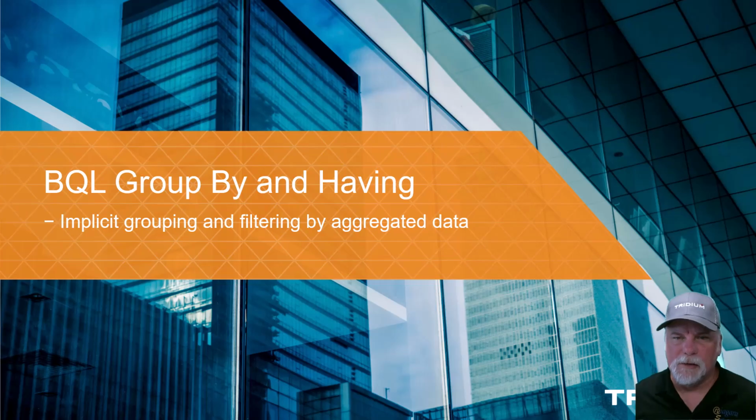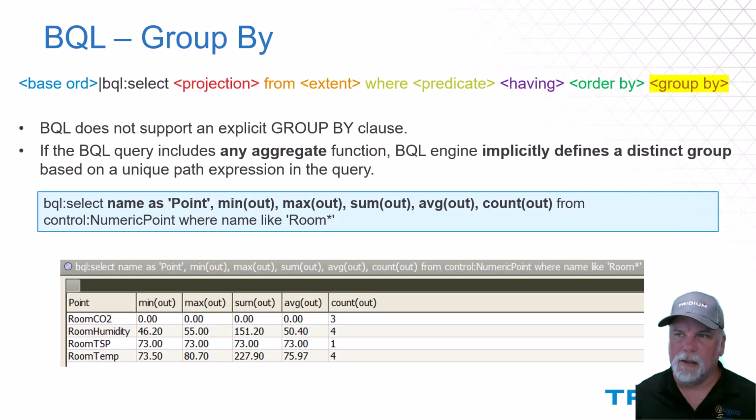Right. I'm going to talk also about the group by and having clause, and talk about how those are supported. The group by clause is not explicitly supported by BQL, but if you use an aggregate function in your projection and you have some unique path in the projection as well, the BQL engine will implicitly define distinct groups there.